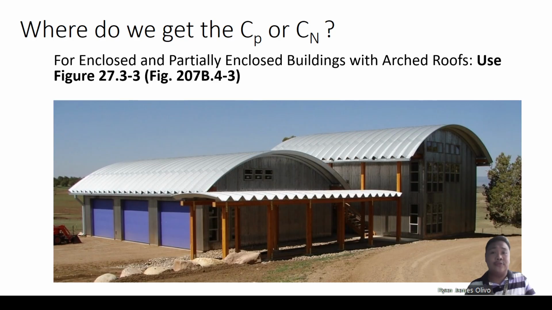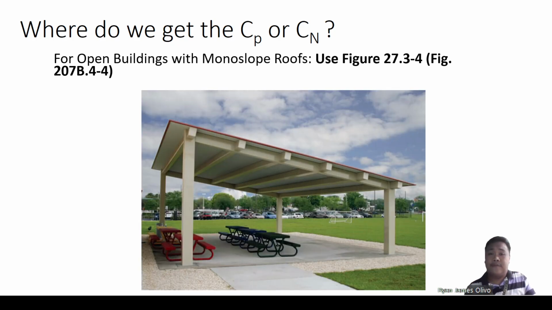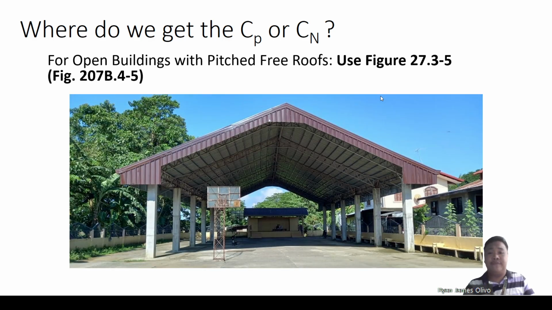Next, we will go to the CN, or the net pressure coefficients, for the open buildings. For open buildings like this one, a monoslope roof, use figure 27.3-4. For pitch-free roofs, like this open covered court, use figure 27.3-5.